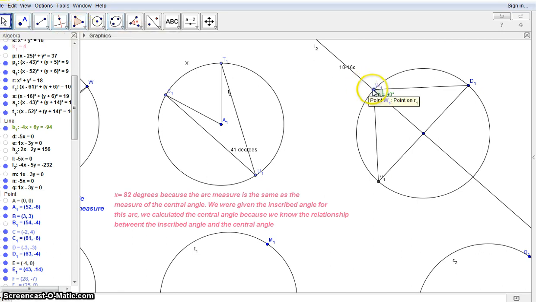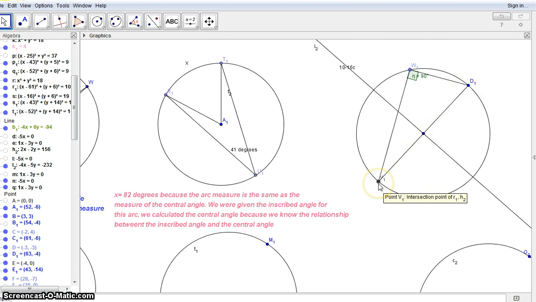But even as we drag W, the vertex, away, this triangle remains a right triangle because it is inscribed within an arc that has endpoints on the diameter.